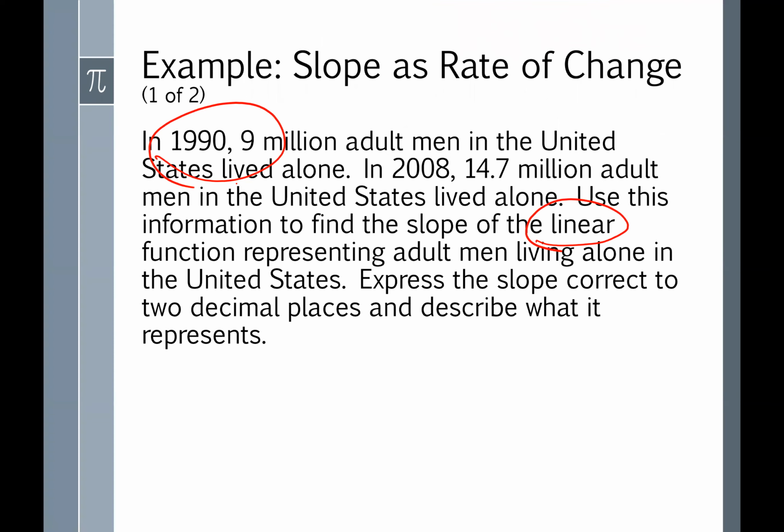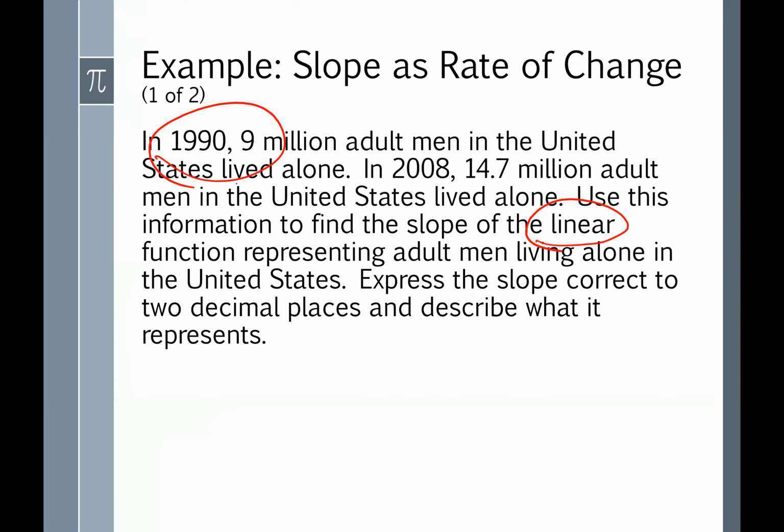So what's the dependent variable and what's the independent variable? Well, the fact of the matter is the number of adult men living alone depends on what year you're in. In 1990, it was 9 million. In the year 2008, it was 14.7. It increased to 14.7.